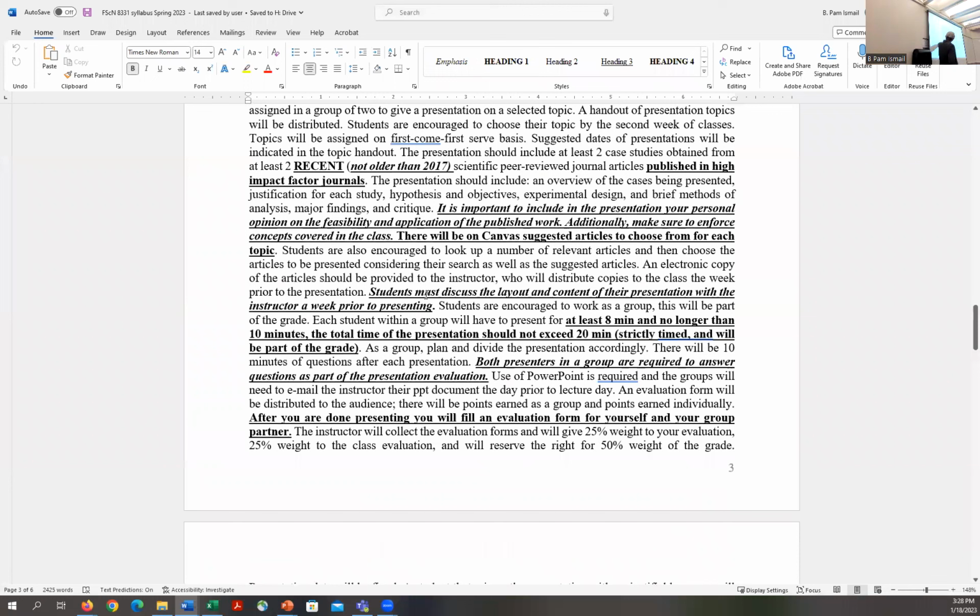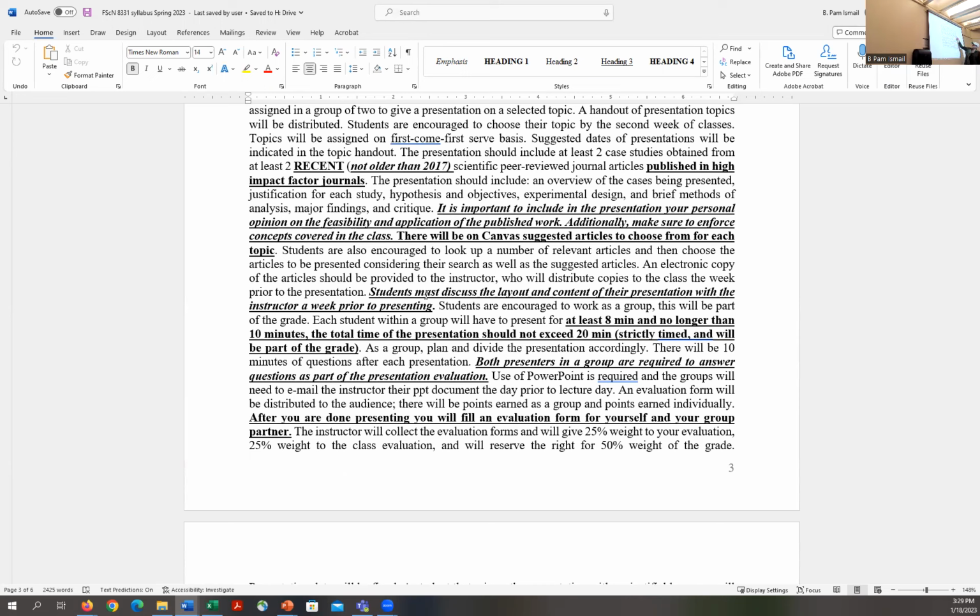you want to build your presentation to have an overview of the case being presented, justification, hypotheses, objective, experimental design, brief methods, major findings, and then your critique. So it's very important to include in the presentation your personal opinion of the feasibility and application.